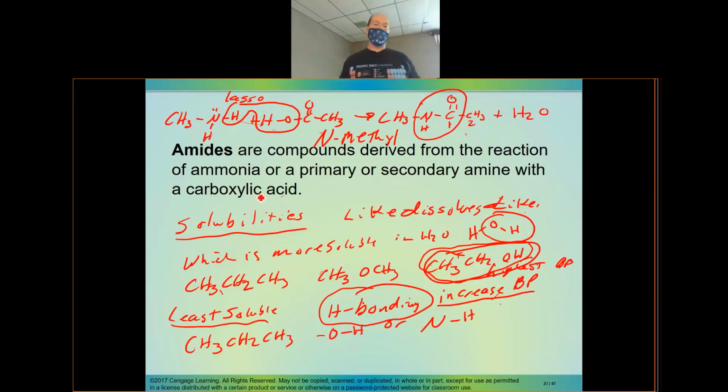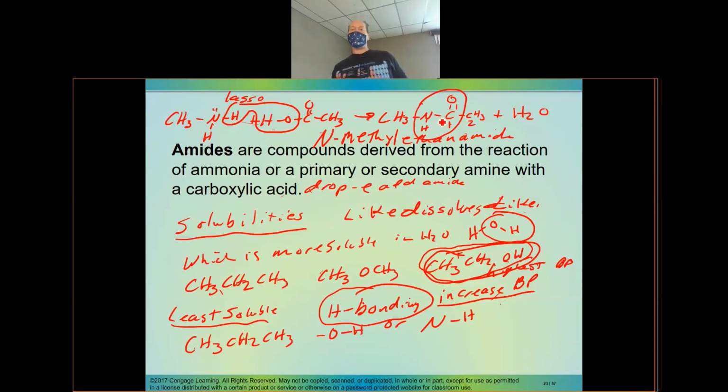Anytime you are naming an amide, you're going to drop the E, and you're going to add amide. So this is an ethane. I'm going to drop the E and add amide. And so this is an N-methyl ethanamide. That is how you would name your amide.